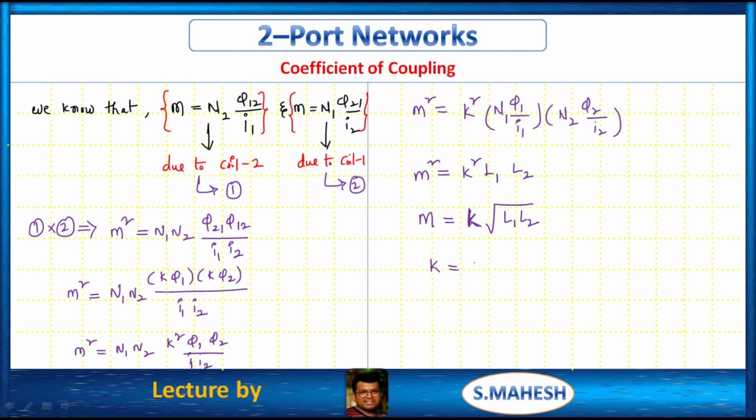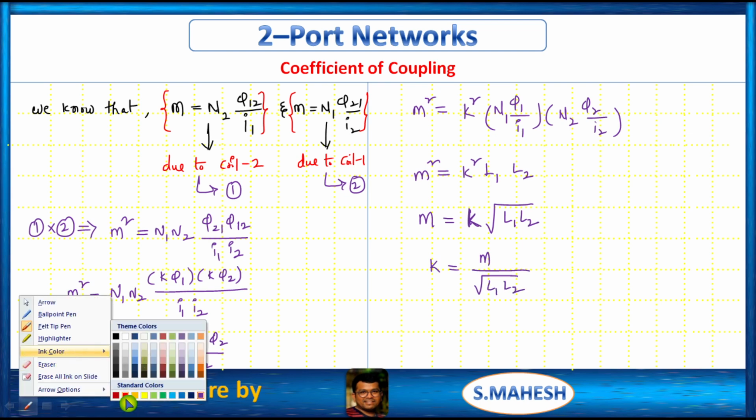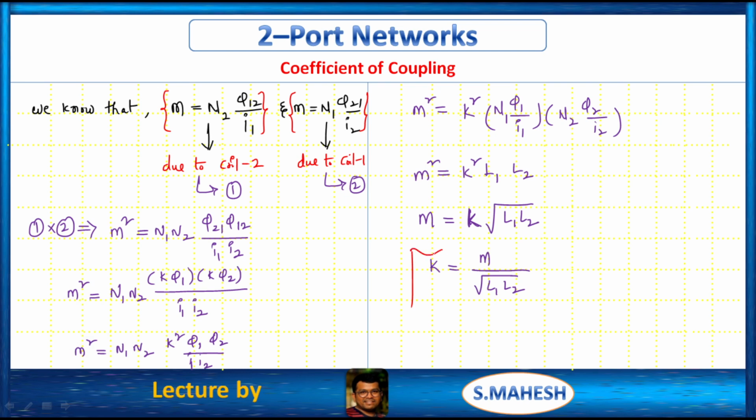From this, k is equal to M by square root of L1 L2. So this is the formula for the coefficient of coupling.